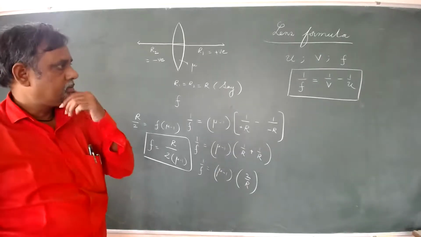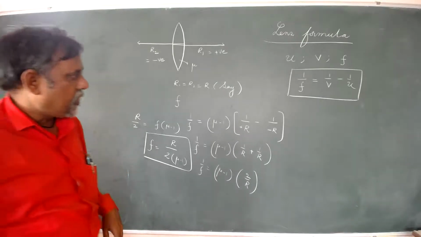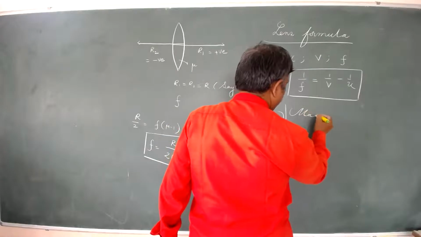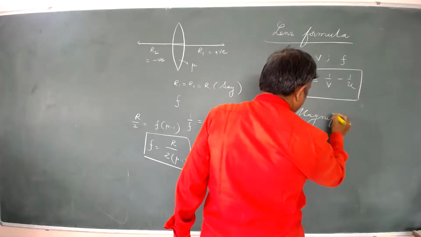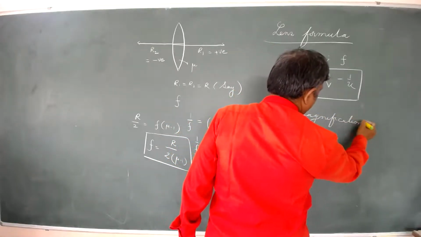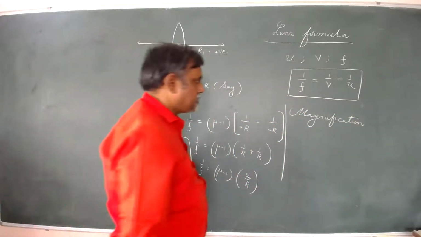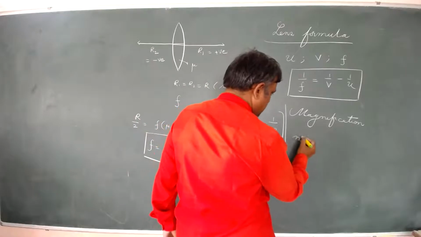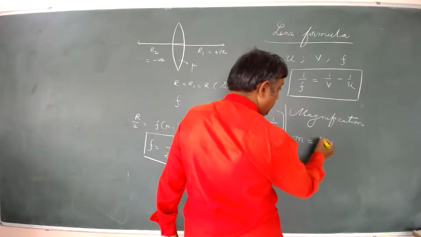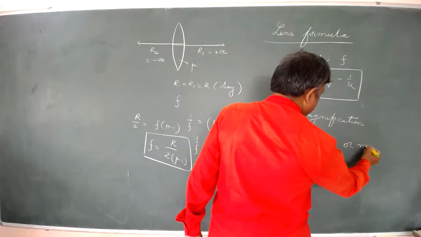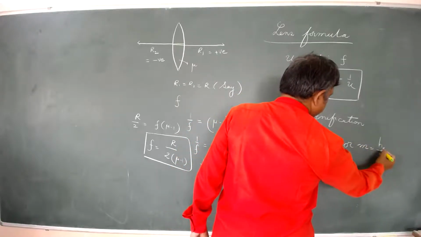Got it? Now, in this regard, one more formula we have to keep in mind, that is the formula for magnification. Magnification m is equal to plus v by u, or magnification m is equal to hi by ho.